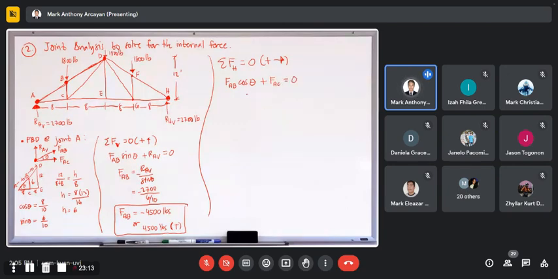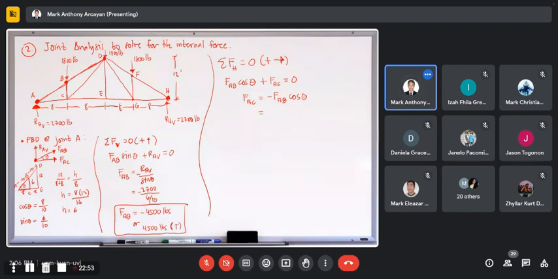Solving for FAC, transpose, so negative FAB cosine of theta. Now what you substitute here, class, is not the positive value of FAB, but the actual value from your computation.